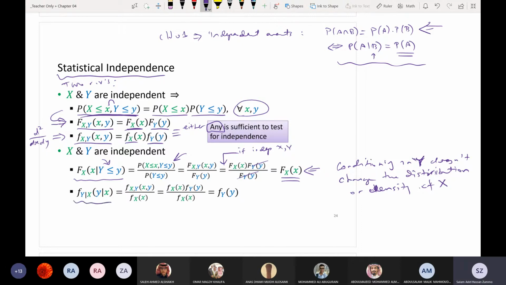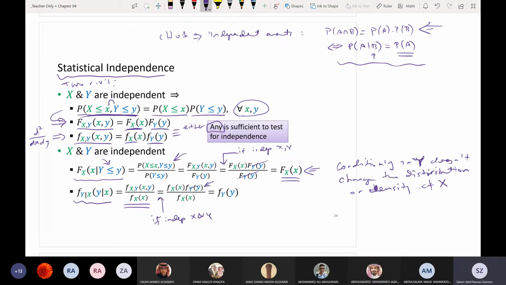Similarly, the conditional PDF of y given x, as we have derived it before, is equal to the joint PDF divided by the marginal of x. And if x and y are independent, then the joint PDF equals the product of the marginals.